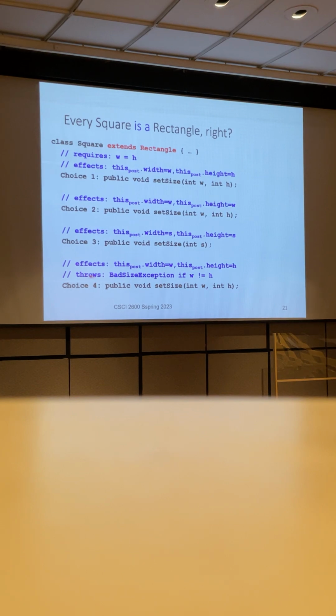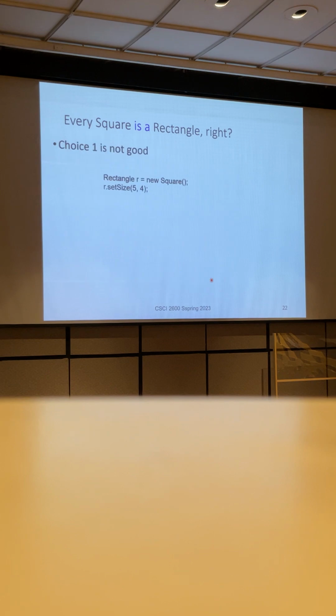Here are the specs written for each of the proposed choices, or we can throw an exception if width is not equal to height. All of those attempts indicate that we are trying to get rid of our inheritance, and that means something's wrong. It means we're not dealing with true subtypes. So why are these choices not good?